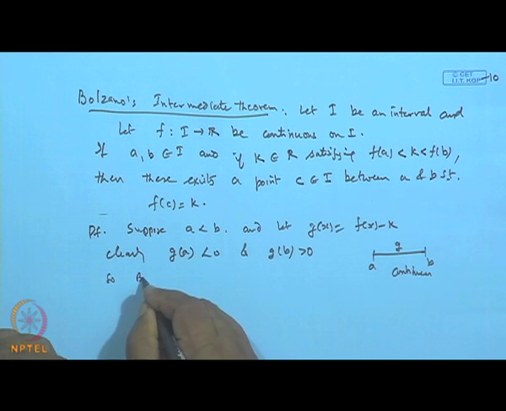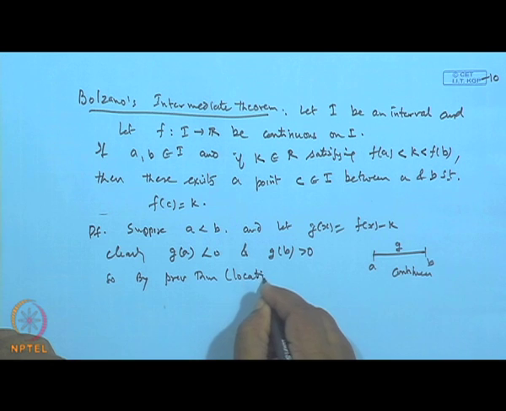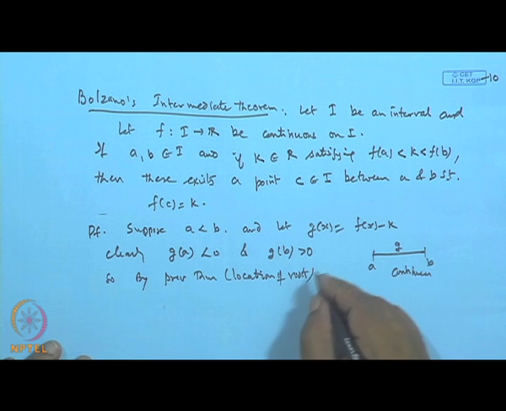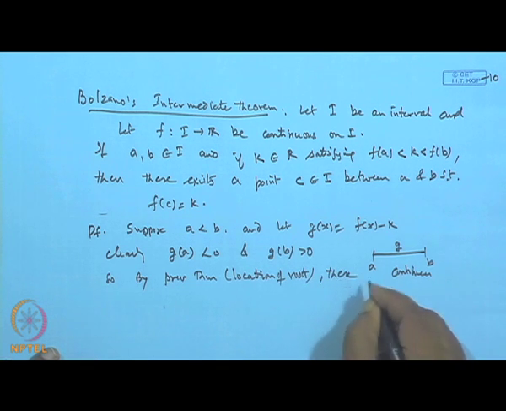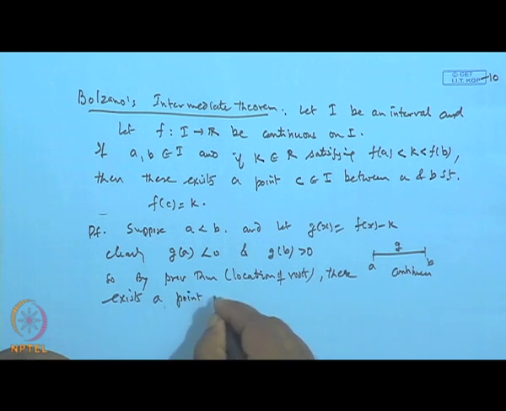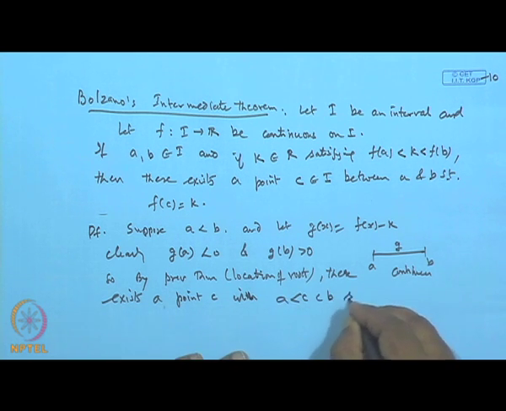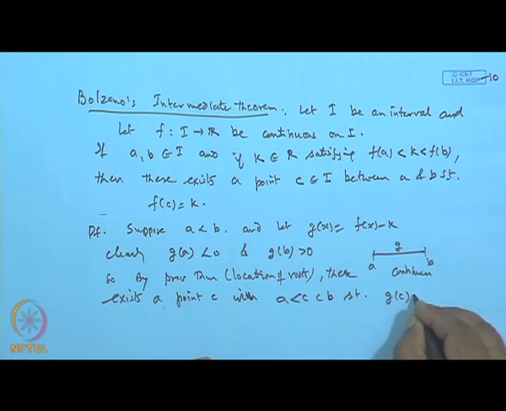So, by the previous theorem, that is location of roots, there exists a point c lying between a and b such that the value g(c) is 0.